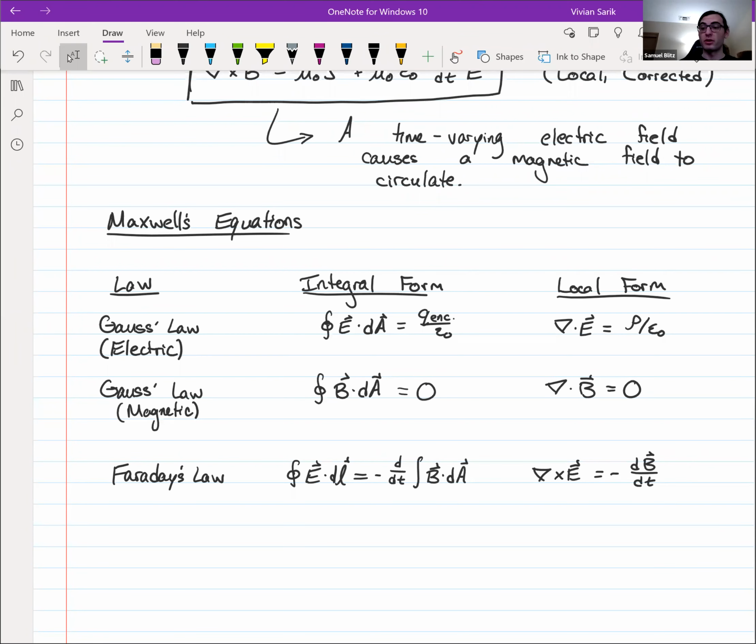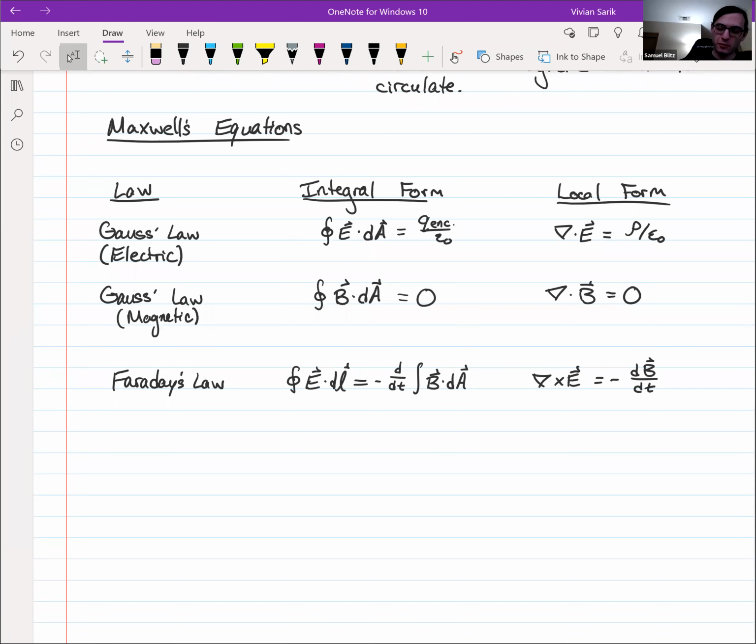And then there's Ampere's law with Maxwell's correction. And this one's the longest one, unfortunately. It's an integral of B dot dl, the circulation of the magnetic field. This is equal to mu naught I enclosed plus mu naught epsilon naught d/dt of the integral of E dot dA.